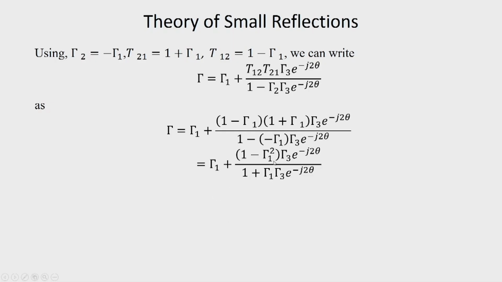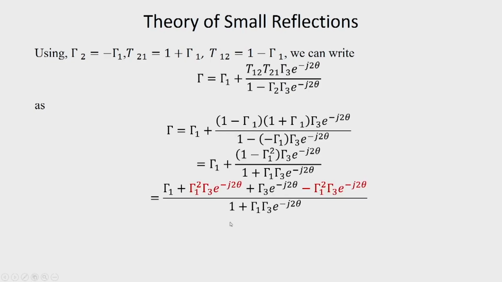Now, finally, it becomes gamma 1 plus 1 minus gamma 1 square gamma 3 e to the power minus j 2 theta divided by 1 plus gamma 1 gamma 3 e to the power minus j 2 theta.